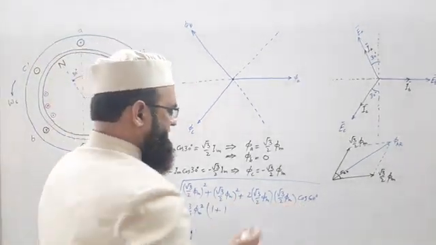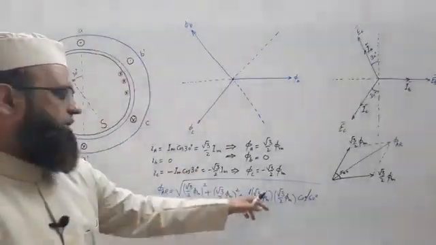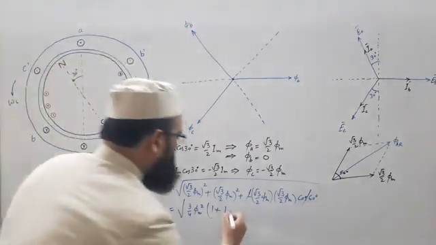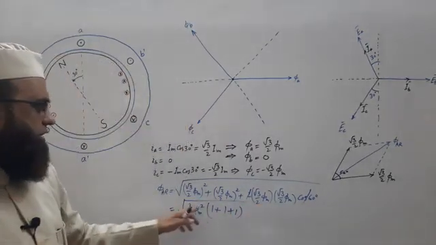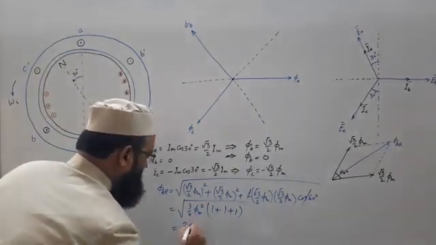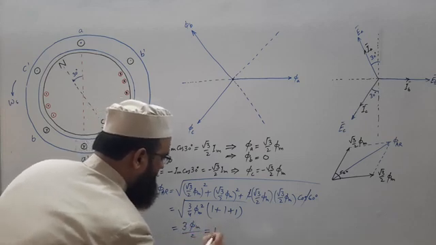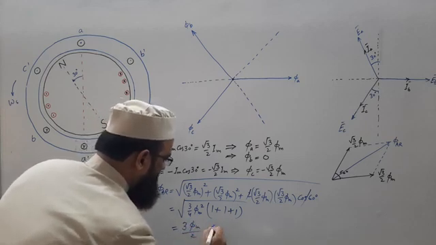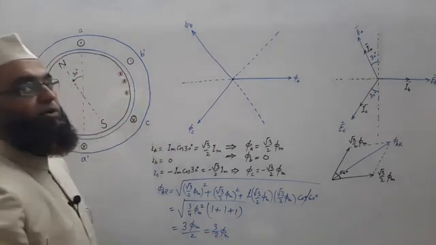Cosine 60 is half, so get cancelled with 2, so again it will be 3 by 4 phi m square, that is plus 1. So now we have 3 into 3, come take it outside, phi m square as phi m and 4 as 2, that is coming out to be 1.5 or 3 by 2, same, phi m. What about direction?